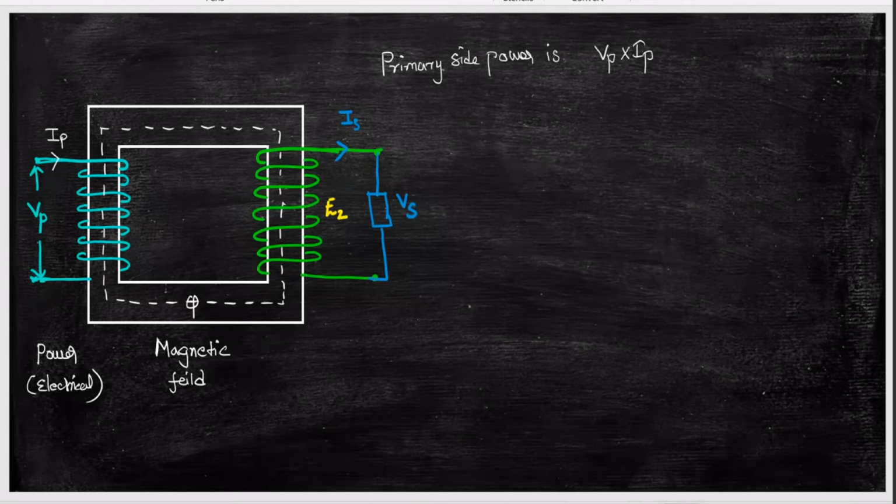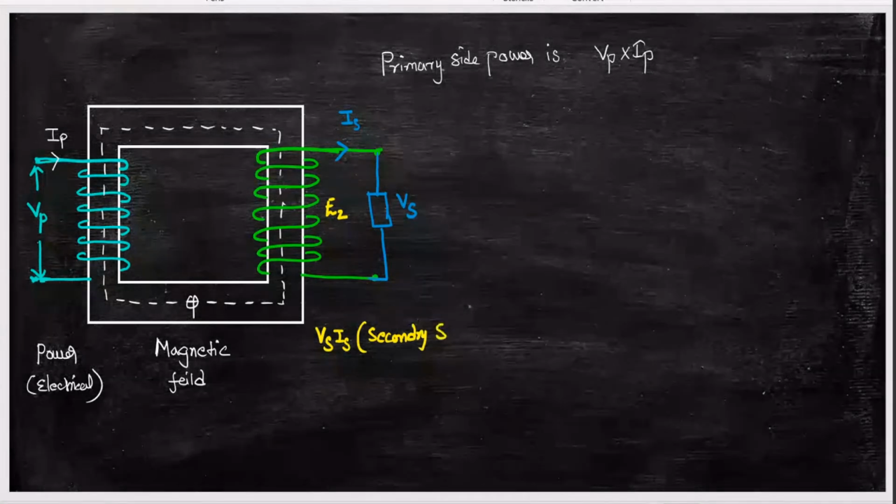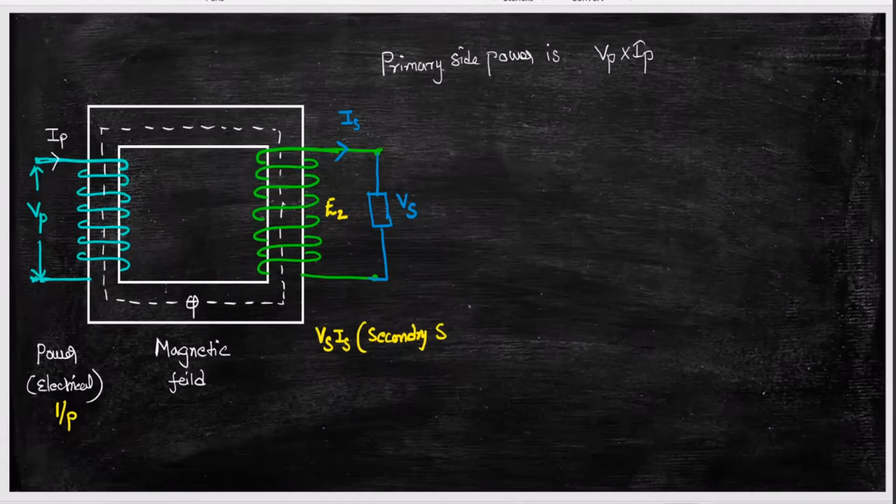Now, what is this VS into IS? VS into IS is the secondary side power, or output power. The primary is the input, and this will be the output.